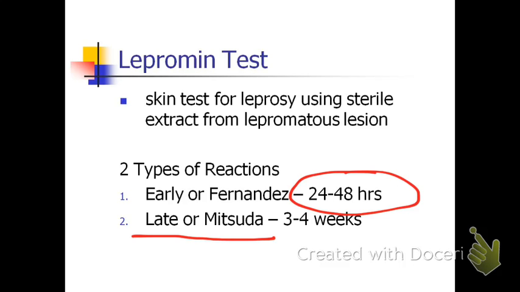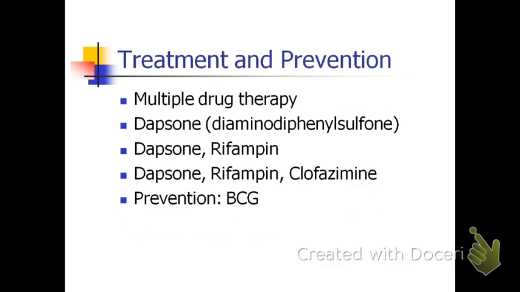So remember, only the tuberculoid form of leprosy would be positive for the lepromine test. Treatment and prevention: multiple drug therapy such as dapsone, or the combination of dapsone and rifampin. BCG may somehow prevent it, but it's not totally effective, I should say.